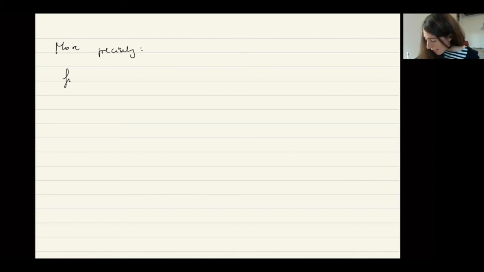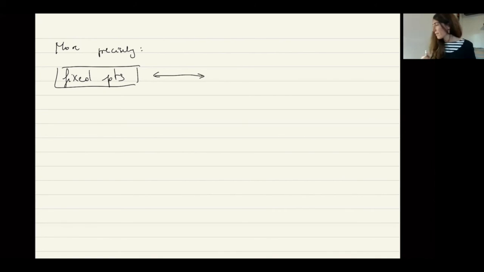So I have to say what the edges of the graph are. So what are the fixed points? Well, I told you I have some combinatorial gadgets.